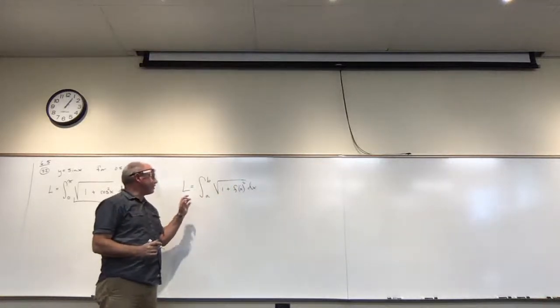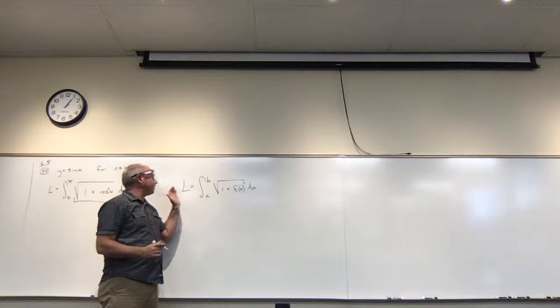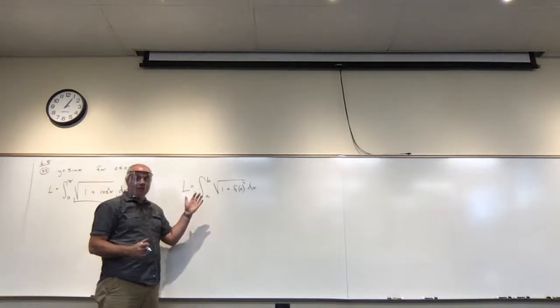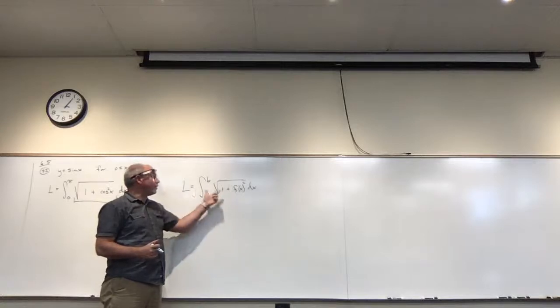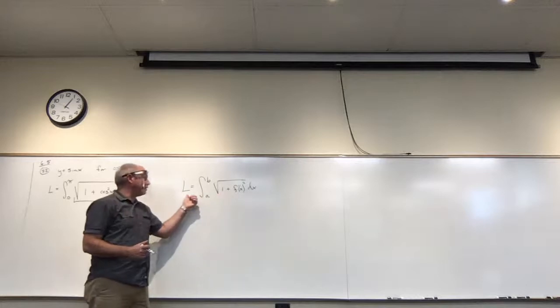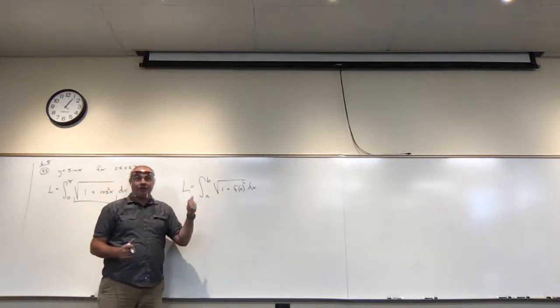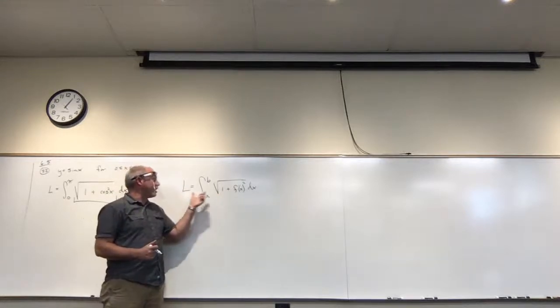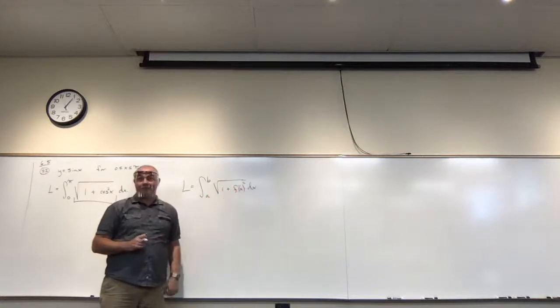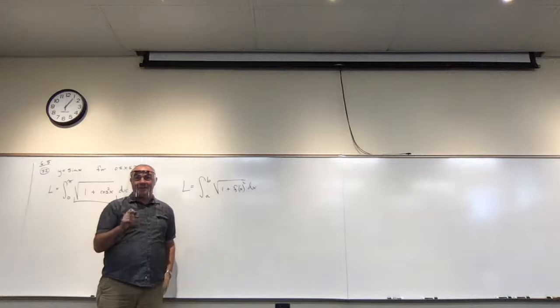So what it's really saying is that the way you find the length of the curve f of x from a to b is to find the area under this curve. The length of the f curve is the area under the square root of 1 plus f prime of x squared curve.